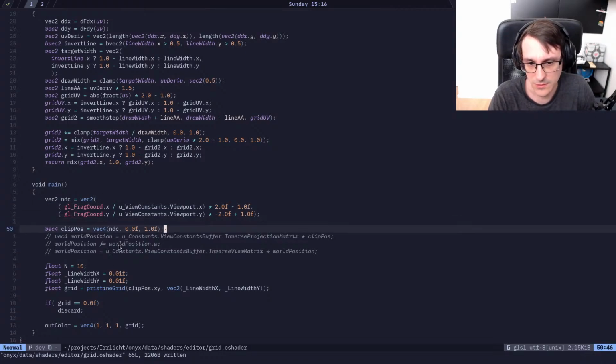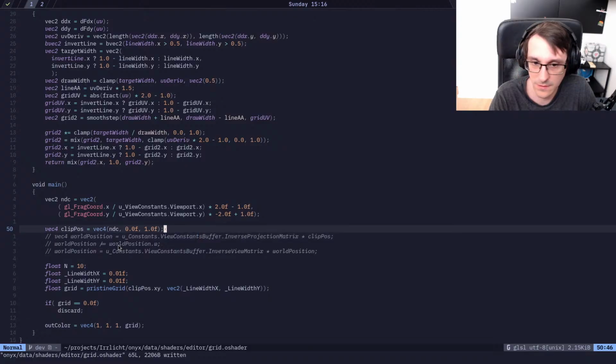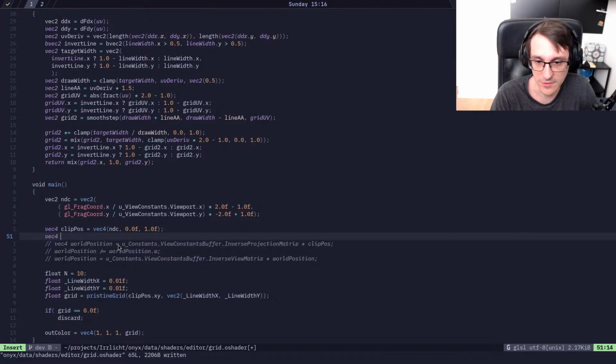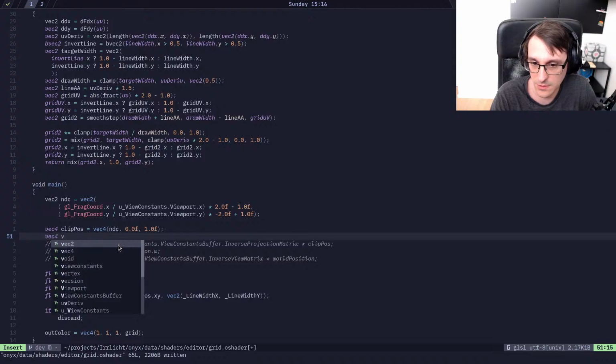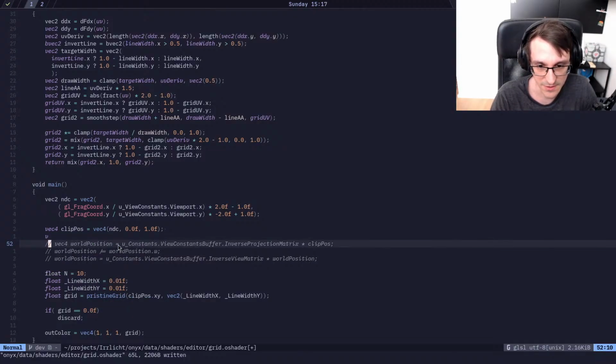So we just need to do the position a little bit better. Basically, we have a vec4 for view near, which is our view, basically this, right?